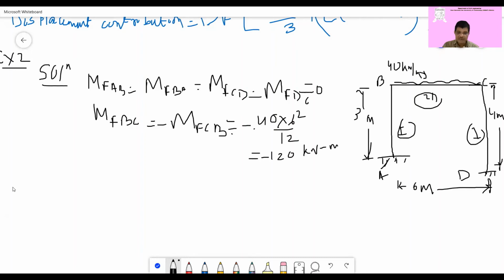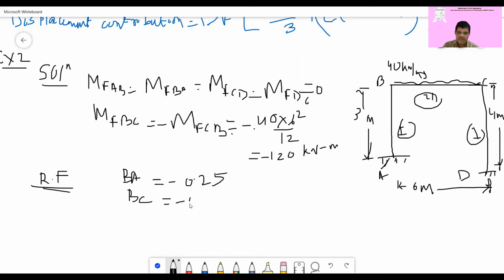Now you can calculate the rotation factors. I am not going to calculate the rotation factors; I am just writing them. You calculate them yourself because you have to calculate many rotation factors. For BA and BC, it will come out to be minus 0.25 and minus 0.25.